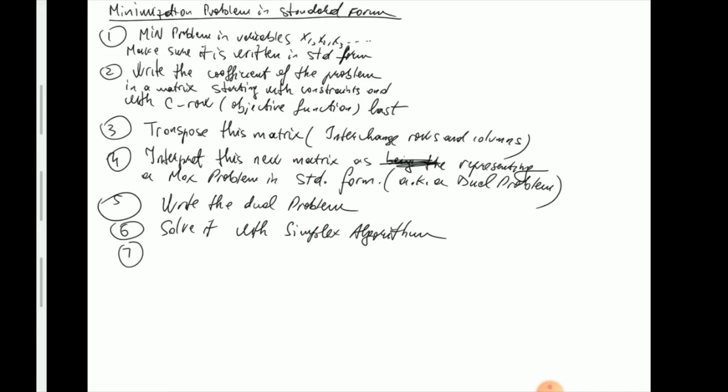And then finally, when you're done, interpret the solution. And what we mean by that, there are two things. The maximum P of the dual is equal to the minimum C of the original.